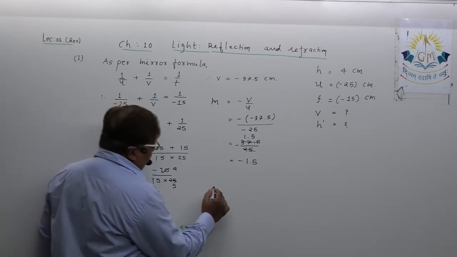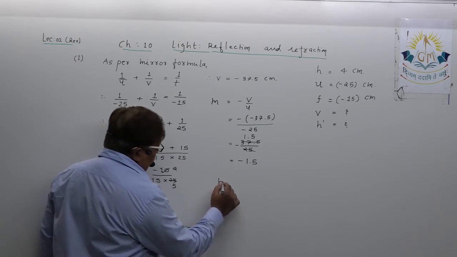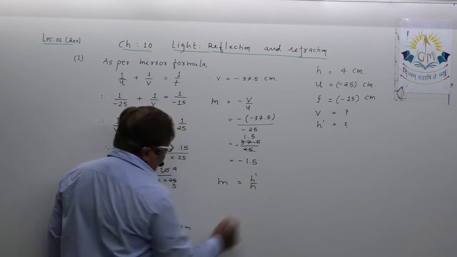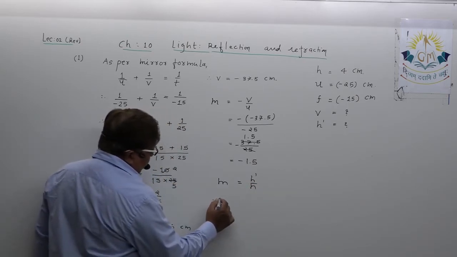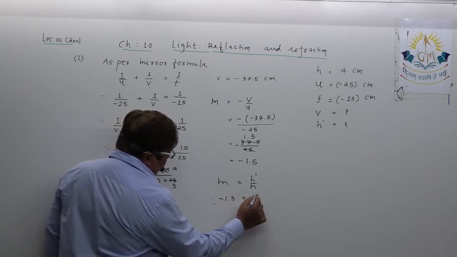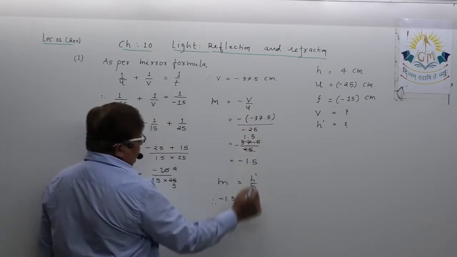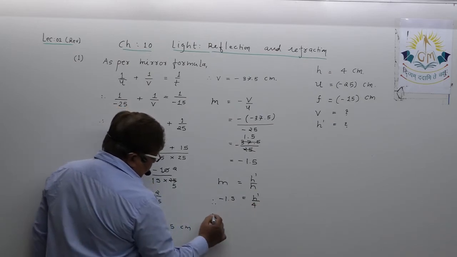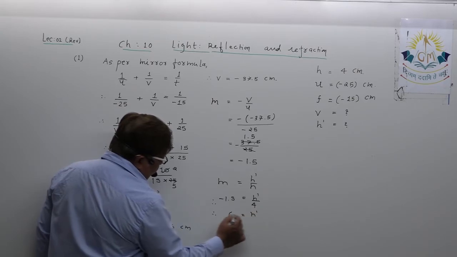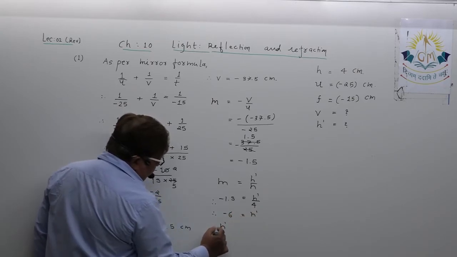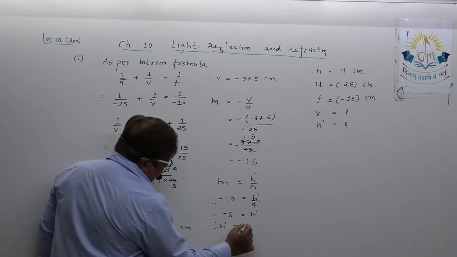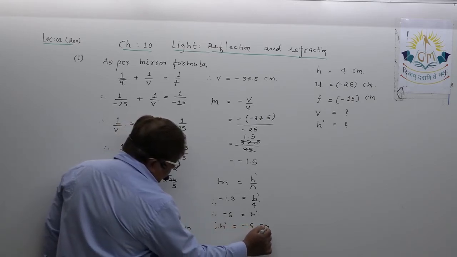Okay, m you got. Now the other formula of m you know, h dash upon h. Value of m minus 1.5, h dash upon h, h is given 4. Just cross multiply: 6 equal to h dash. Here minus we have to place because the image is real and inverted.